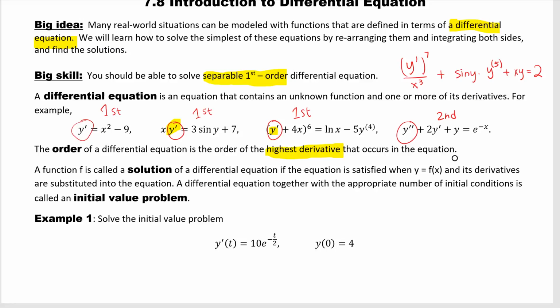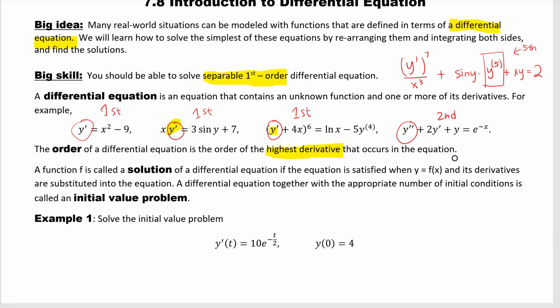Is the order 7? No, the order is the order of the highest derivative. In this case, the highest derivative is the fifth derivative, so this is actually a fifth order differential equation.